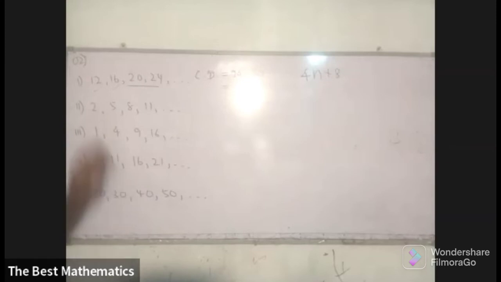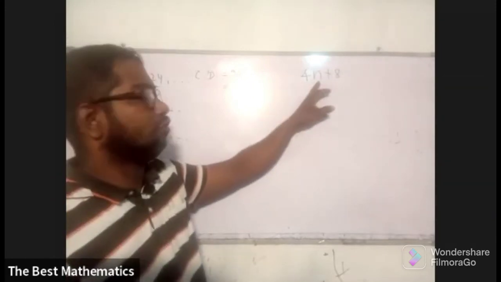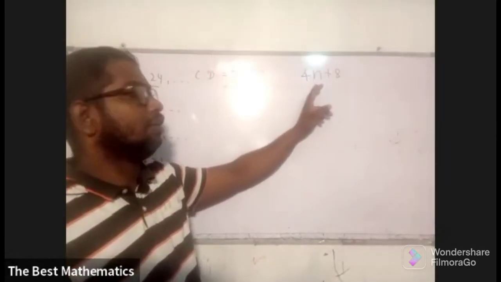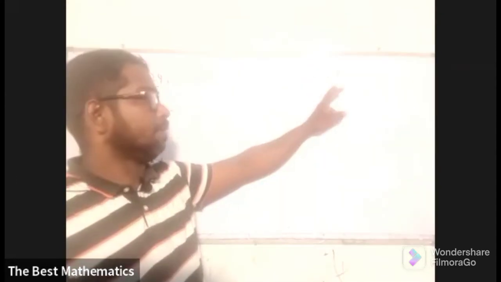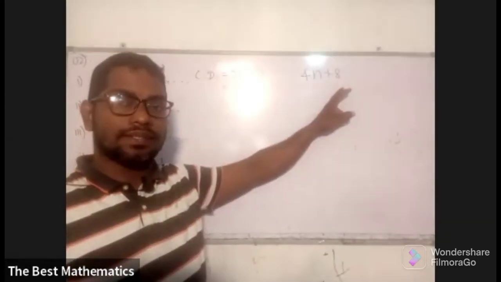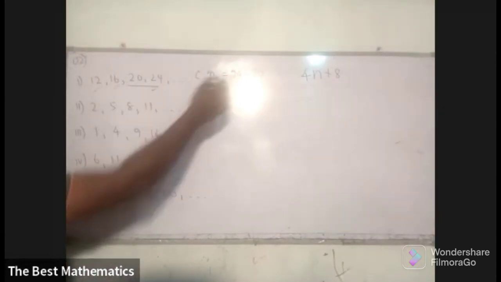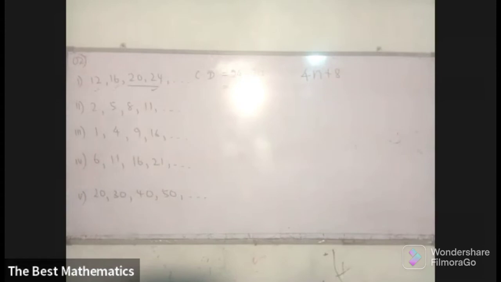Shall we check the fourth one, which should be 24? 4 times 4 is 16 plus 8 is 24. That's also okay. Then 4n plus 8 is okay for the first number pattern. That is, the general term of the first number pattern is 4n plus 8.